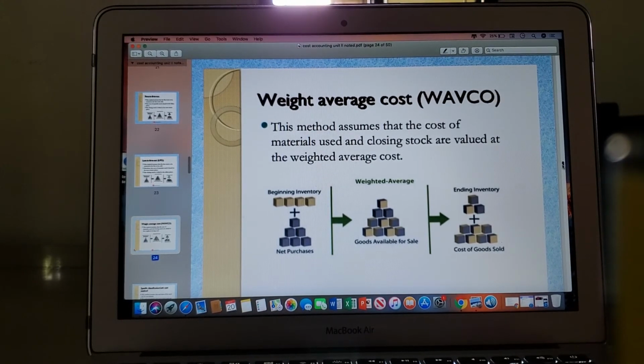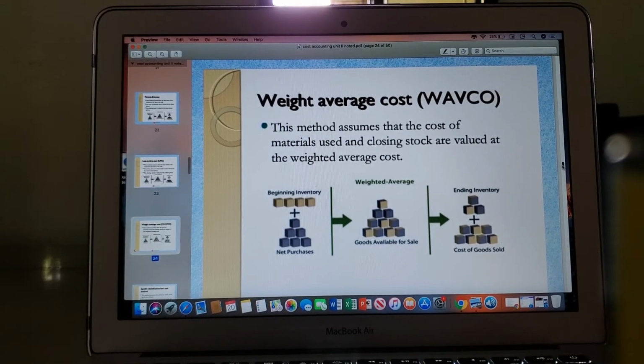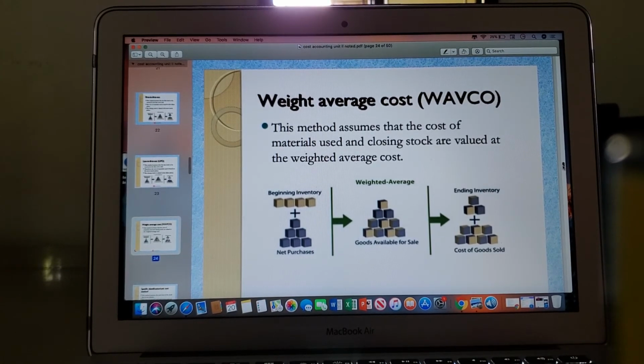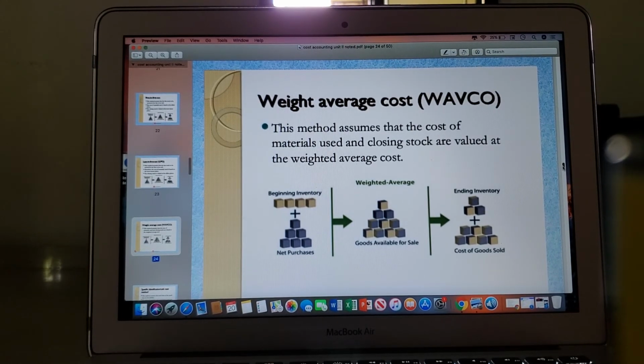Here again, it is illustrated with the same 3 columns. The first column again has the same beginning inventory of 4 yellow boxes of goods plus net purchases of 6 grey boxes of goods, which leads us into the second column with total goods available for sale as 10, which includes the grey boxes and the yellow boxes together.